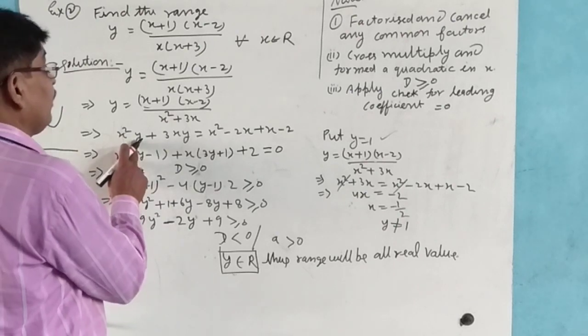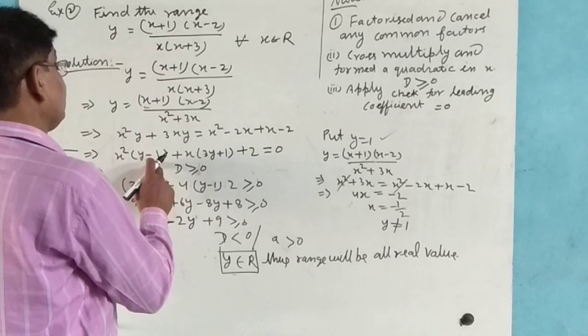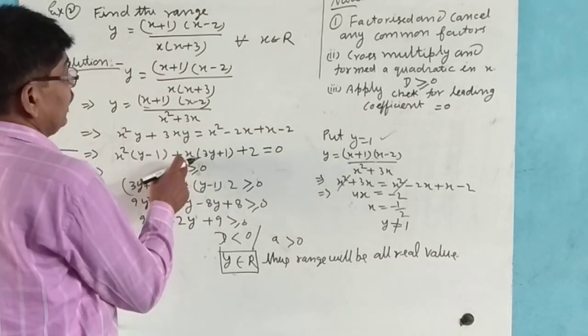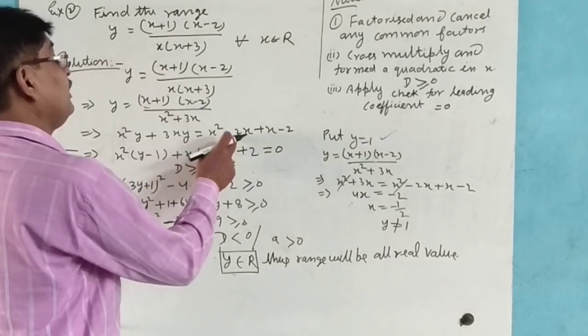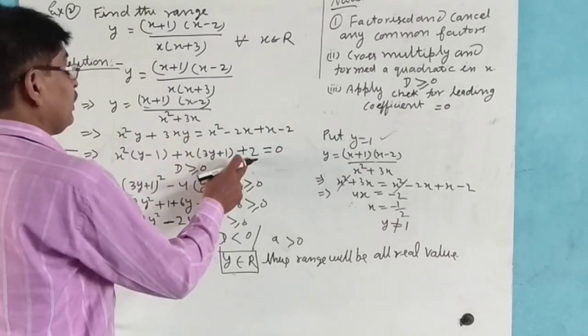Now x square (y minus 1) and take common x, (3y plus 1) and here comes plus 2.